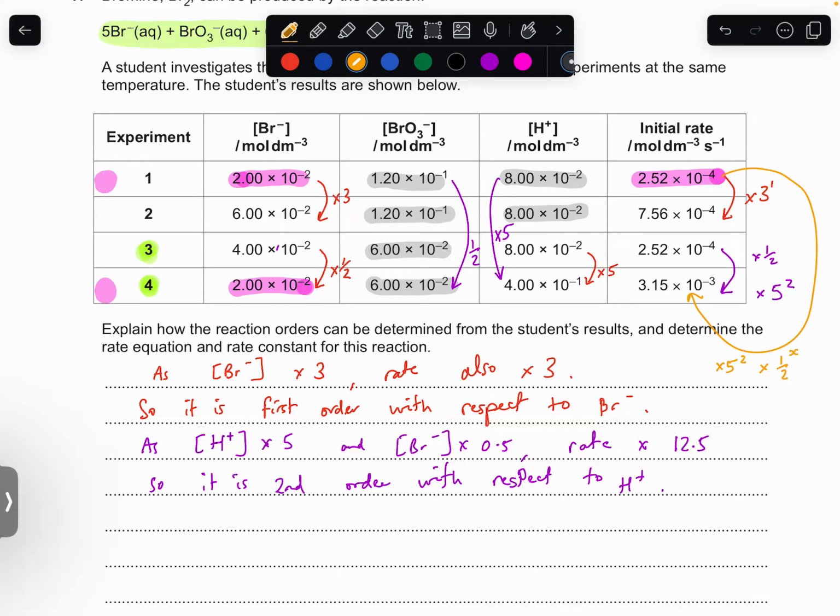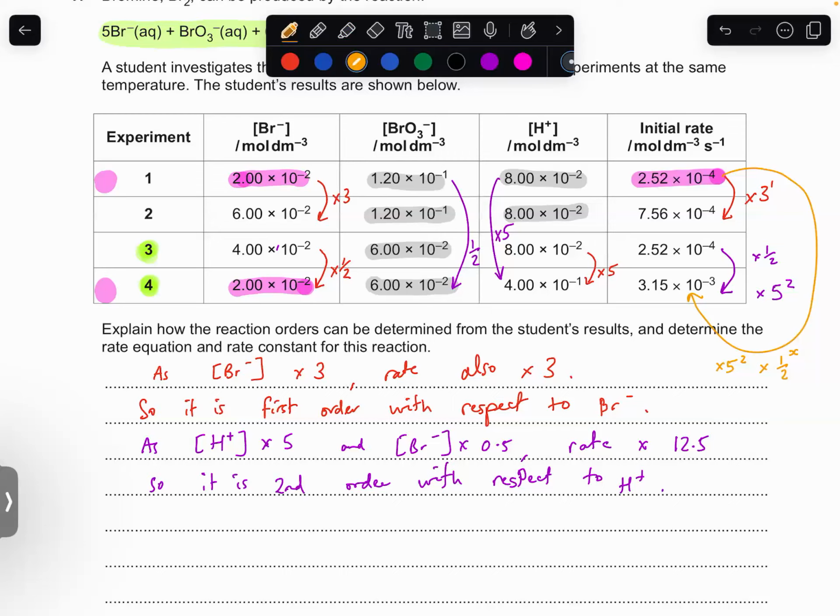So let's try this. 2.52 times 10 to the power of minus 4, don't forget the powers, multiplied by 5 squared, and then let's check if it's first order.